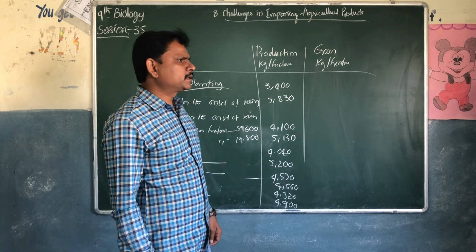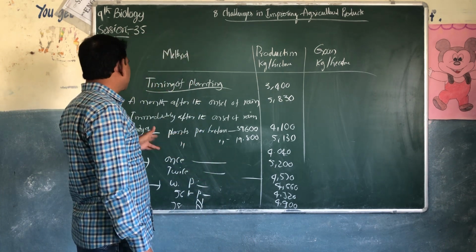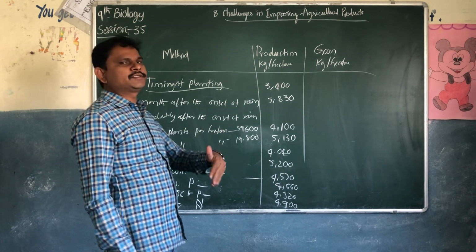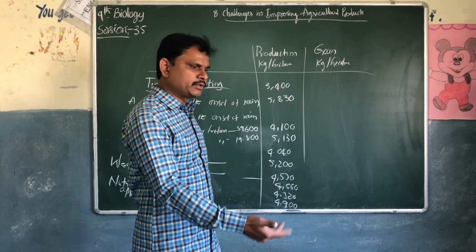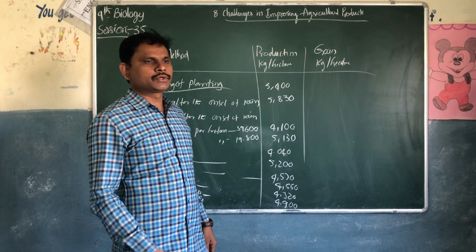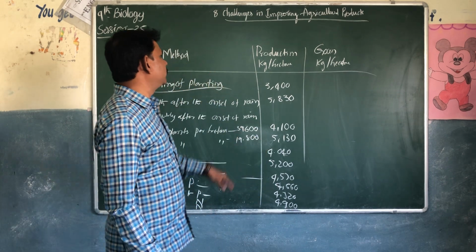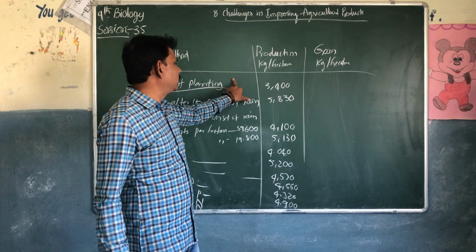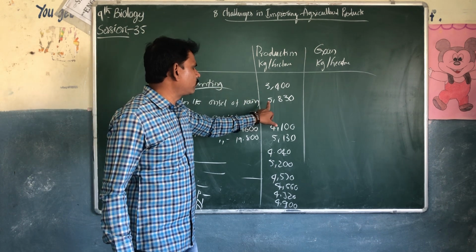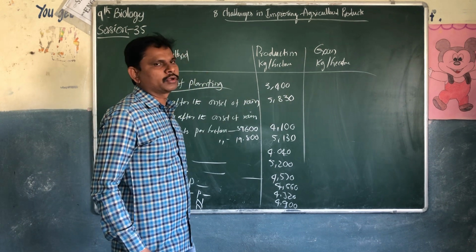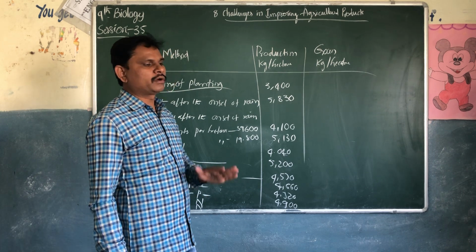Another farmer sowed the seeds immediately after the onset of rains. If the rains came today, tomorrow or the day after he started sowing. Around 5,830 kg per hectare he got.